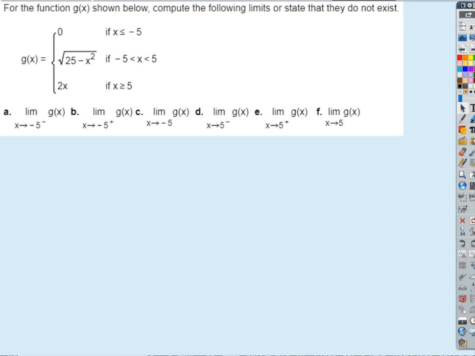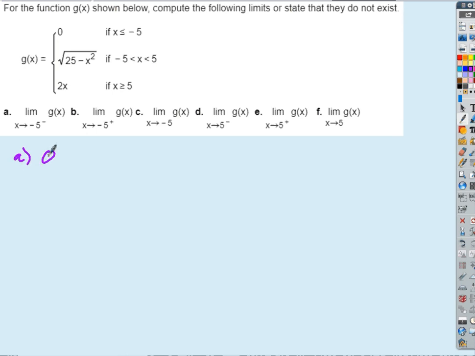So we wanna know what's the limit of this piecewise function as x approaches -5 from the left. Which piece of the function, top, middle, or bottom, are we on? In that part of the domain, we're in the top. Well, that's a pretty easy one. What's the limit of 0 as x approaches anything? 0. So for part A, we get 0.